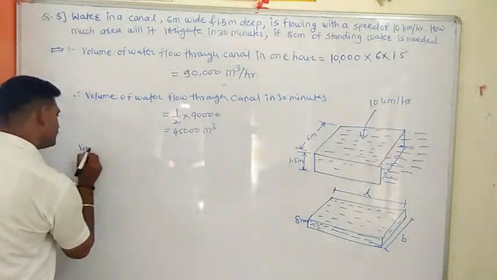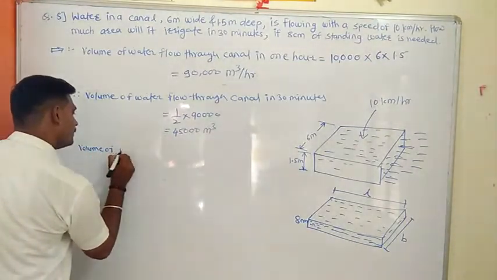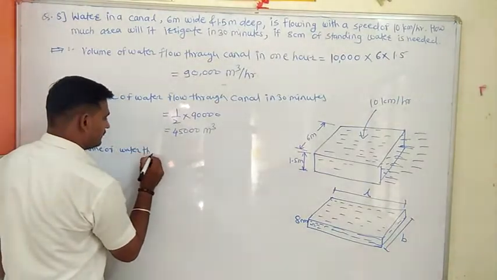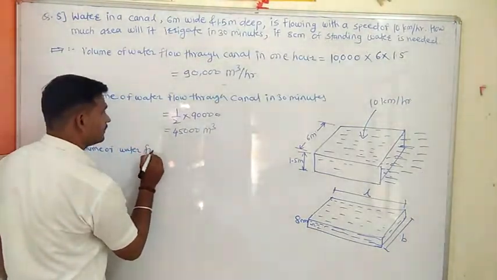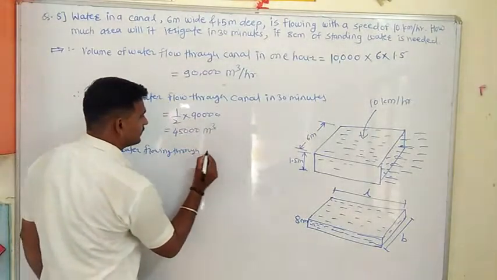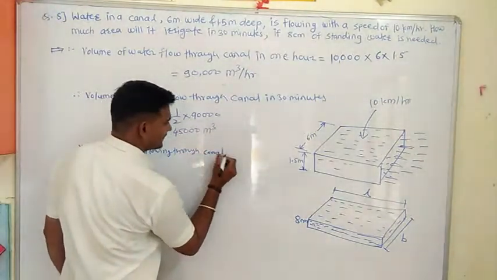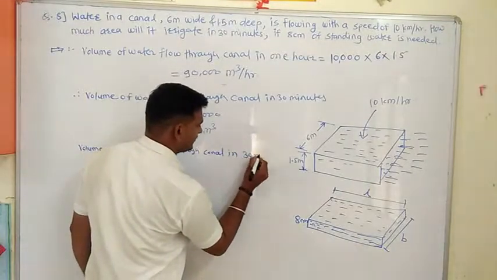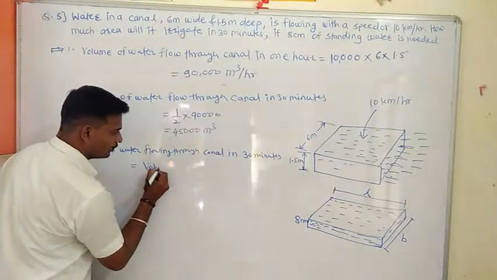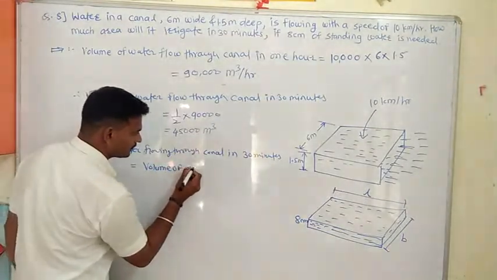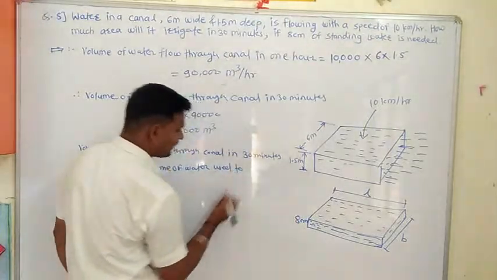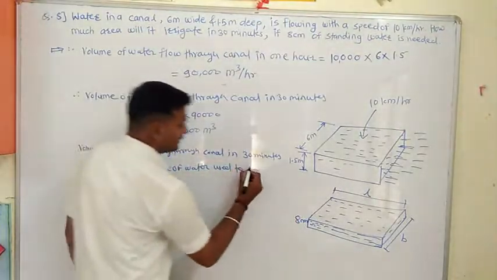volume of water flowing through canal in 30 minutes is equal to volume of water used to irrigate.